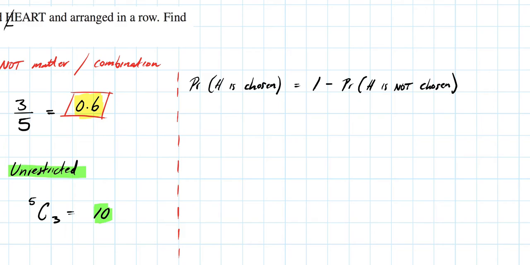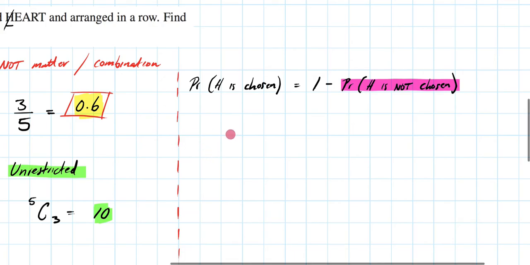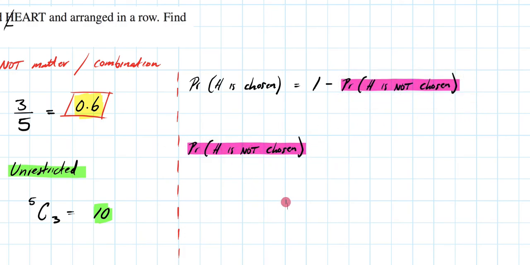Let me get a new color highlighter. The only other color I have is pink, and pink is an awful thing to highlight in because it's too dark, but we have no other options. So now I need to figure out the probability that H is not chosen, which is going to be, as always, restricted over unrestricted.